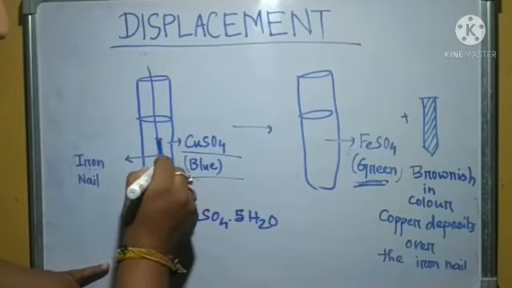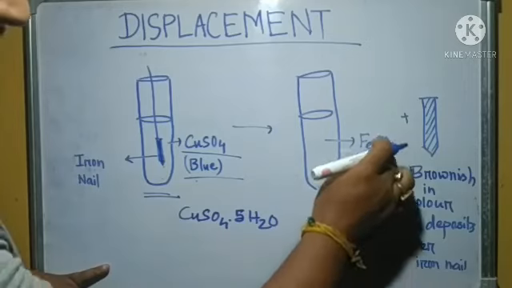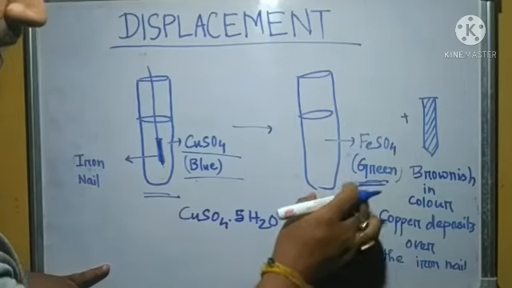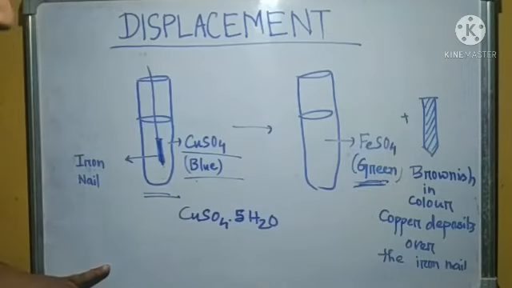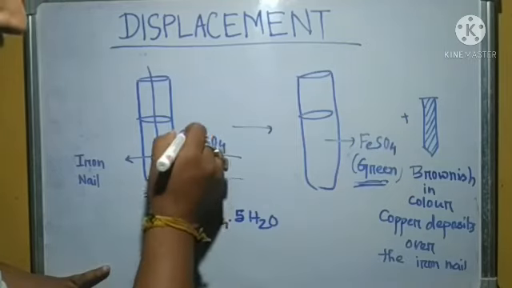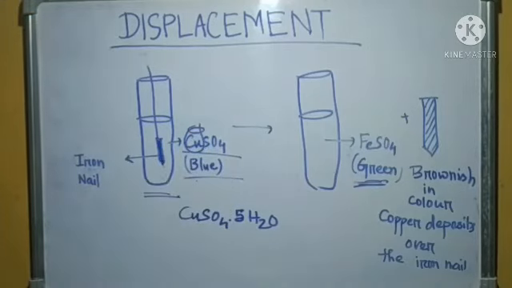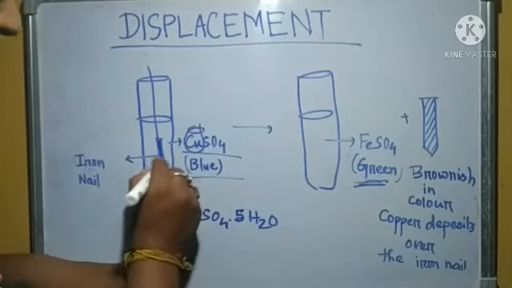There will be a reaction between the iron nail and the copper sulfate solution, and from that we will get ferrous sulfate, which gives a green colored solution. And where will the copper go? Ferrous is there, sulfate is there, so where will this copper, which was present earlier, go? This copper will deposit over the nail.